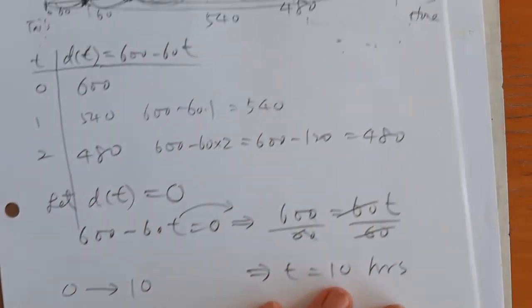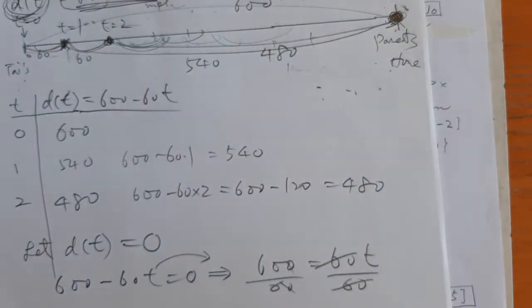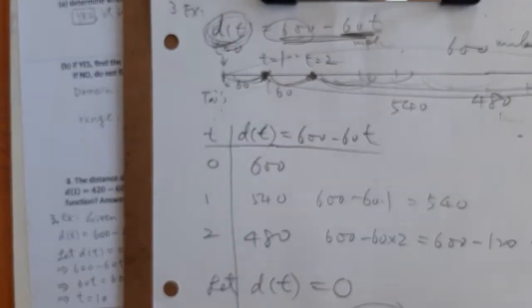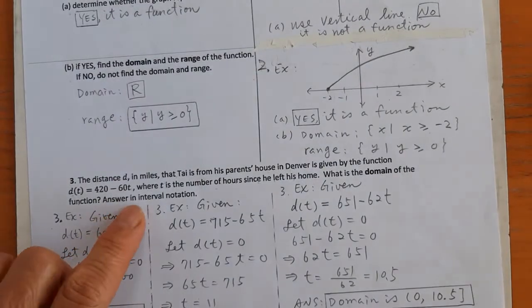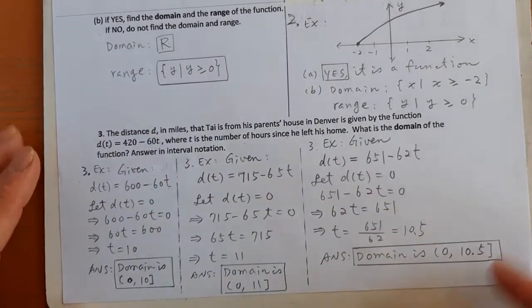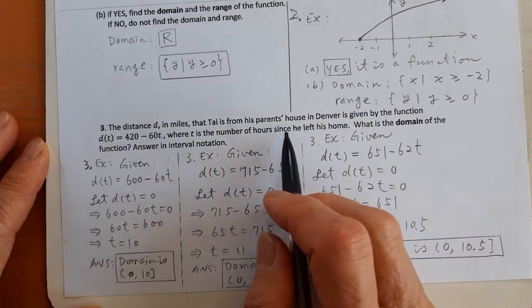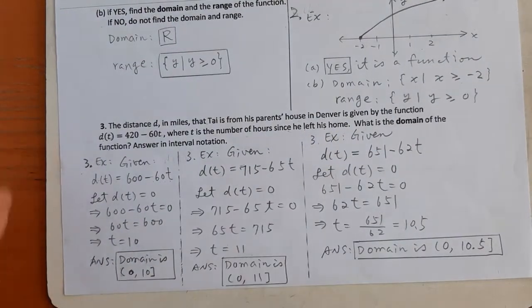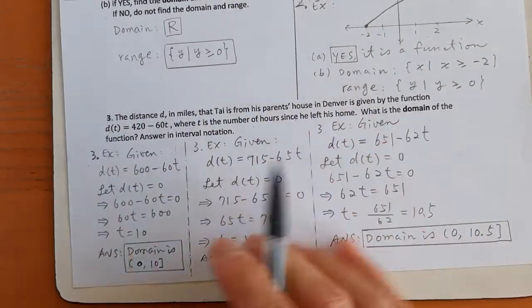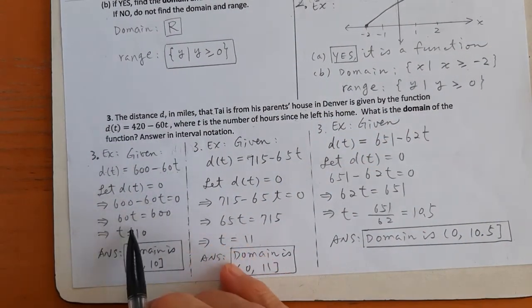You cannot go beyond 10 hours. It starts at 0, but not including 0, because when t equals 0 he is at Ty's home, and t is the number of hours since he left his home. So for this question, you let d of t equal 0 and solve for t, which is 10.